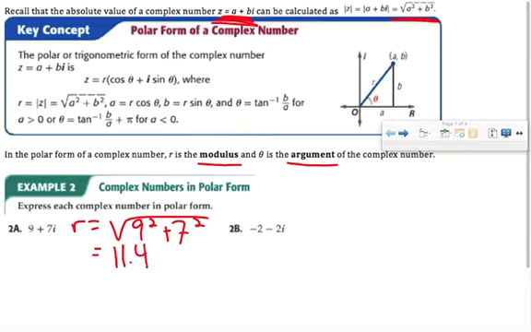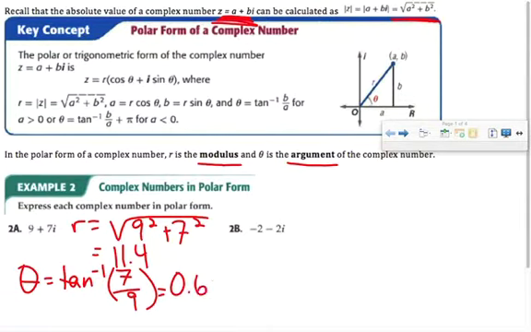So this is our modulus. The argument is theta, which will still be found by taking the inverse tangent of here 7 over 9. And when I do that in my calculator in radian mode, I get 0.66.